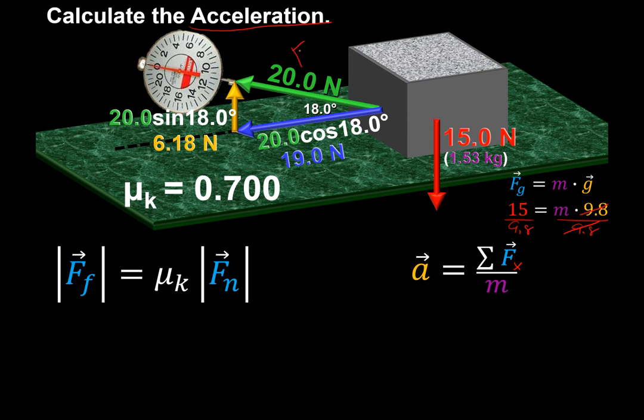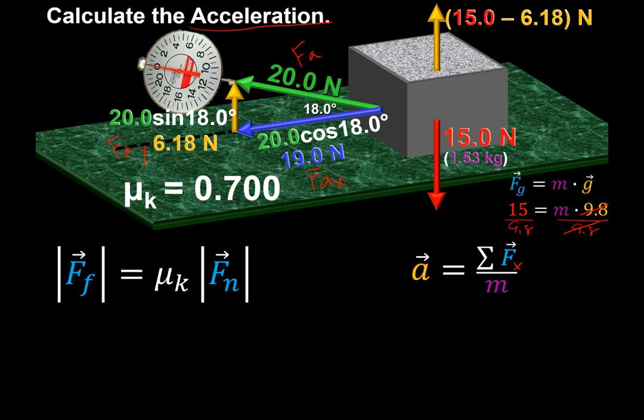So this is our force applied. This is our force applied in the x. This is our force applied in the y. And so therefore our force of normal is just going to be our force of gravity minus our force applied in the y.